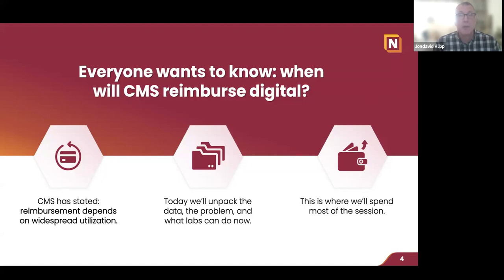Medicare will use this information. They haven't stated the exact level they need to see, but they have stated that they need to see higher utilization before they consider formalizing those 43 add-on digital pathology codes and reimbursing for them.